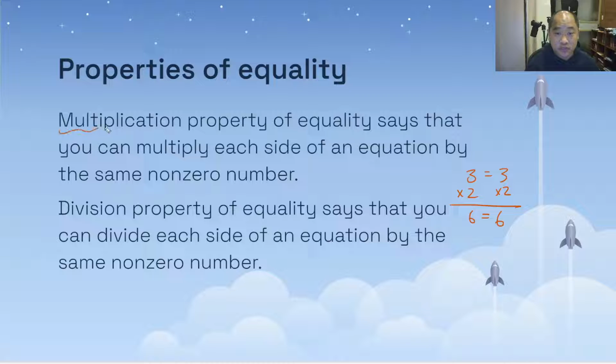Division property is the same. 6 equals 6. You should be able to divide both sides by 3 and get the same thing. And in fact, you can.